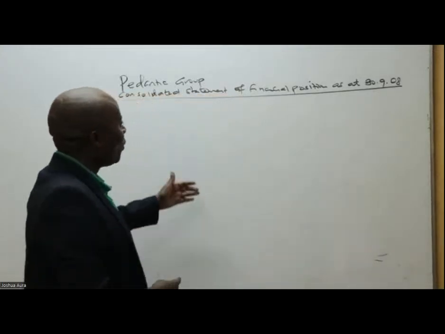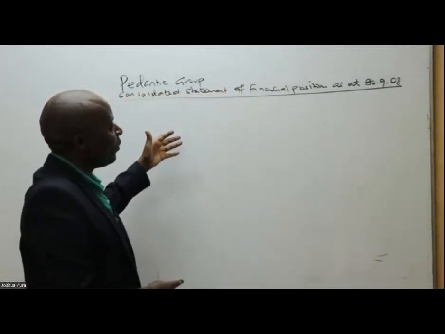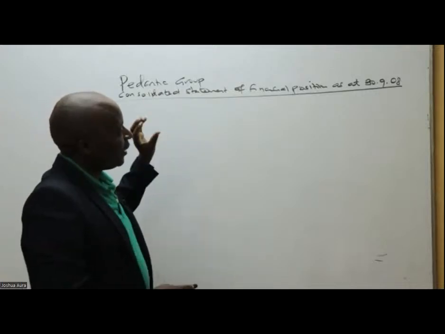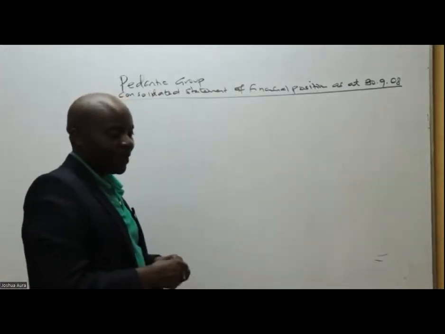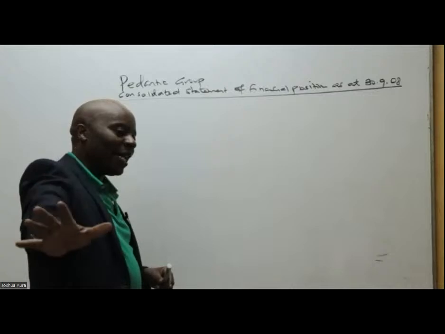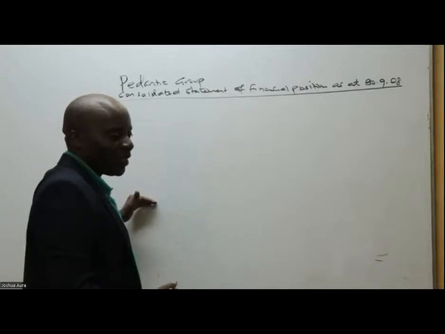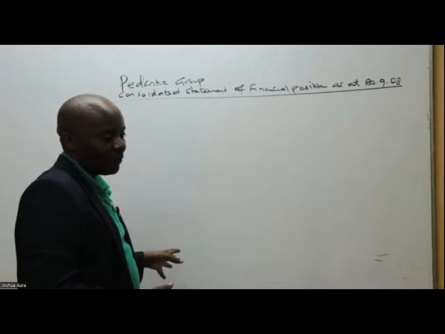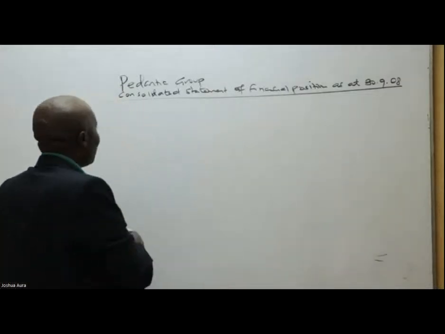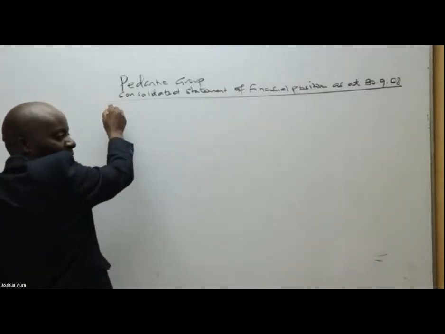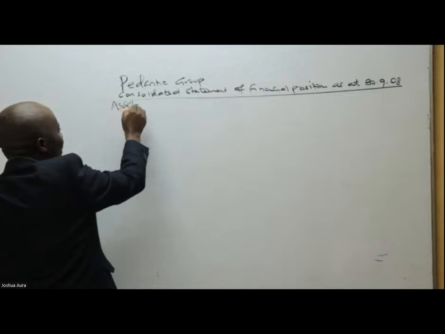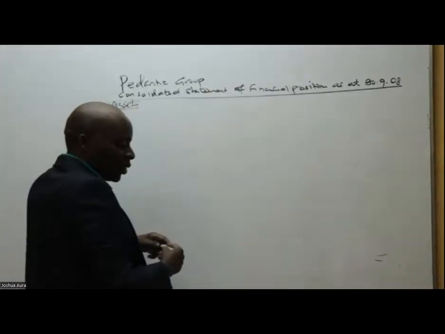Remember how we start structuring our statement of financial position. It is assets vis-a-vis how those assets have been financed. We start with assets, and then we look at equity and liabilities.